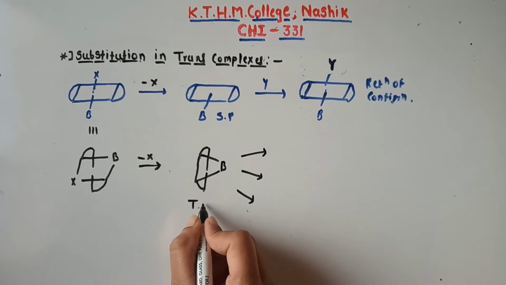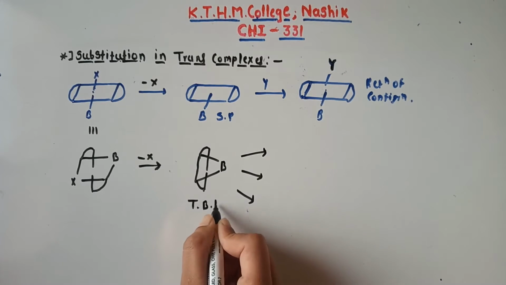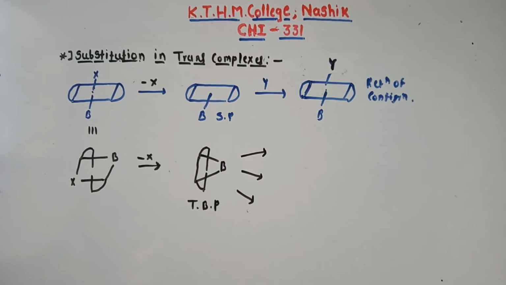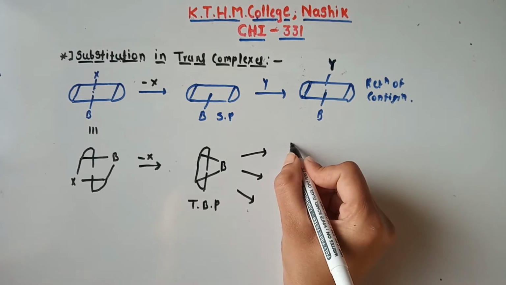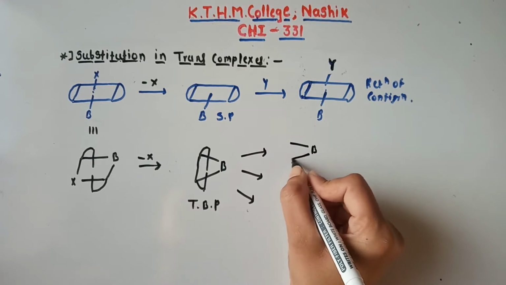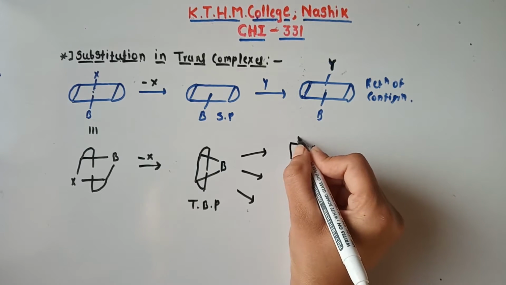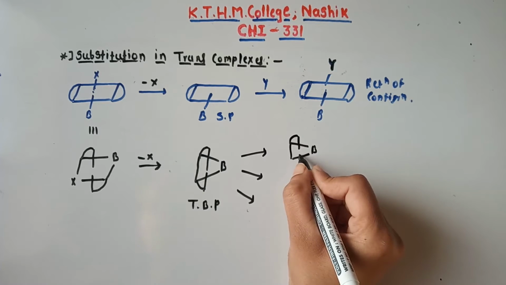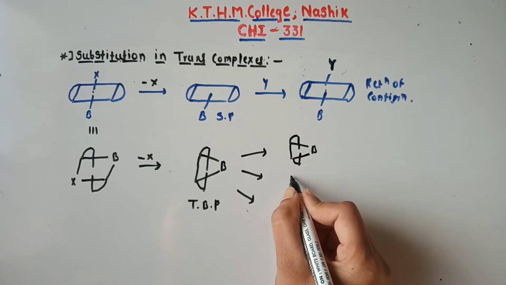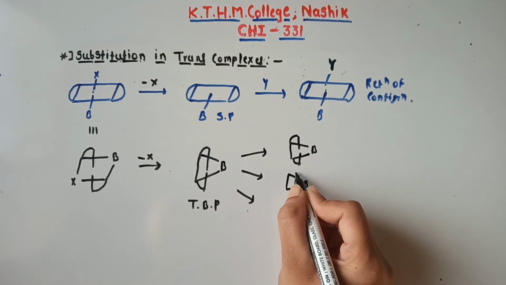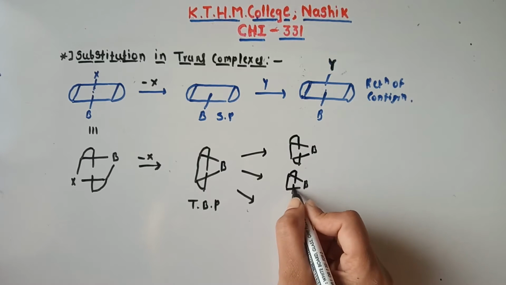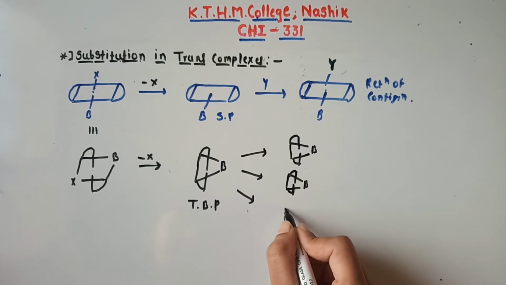This is your trigonal bipyramidal intermediate. Okay, let me just draw again three complexes, meaning three intermediates, for your understanding.